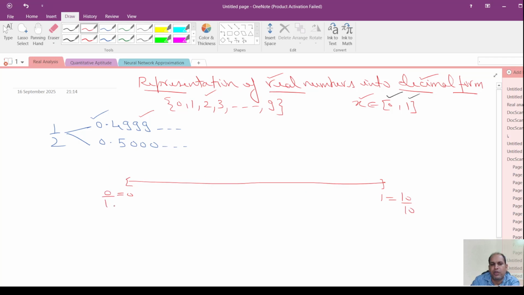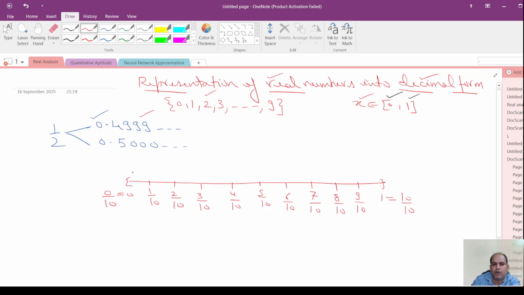We will divide it into 10 equal parts: 1 by 10, 2 by 10, 3 by 10, 4 by 10, 5 by 10, 6 by 10, 7 by 10, 8 by 10, 9 by 10.